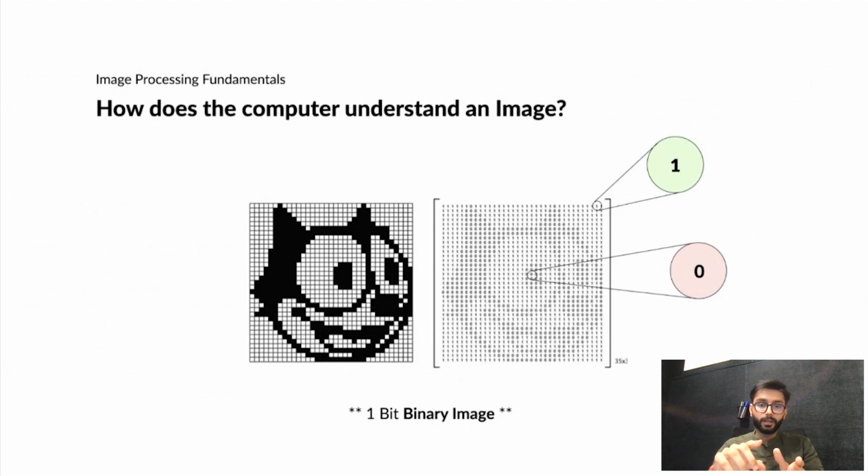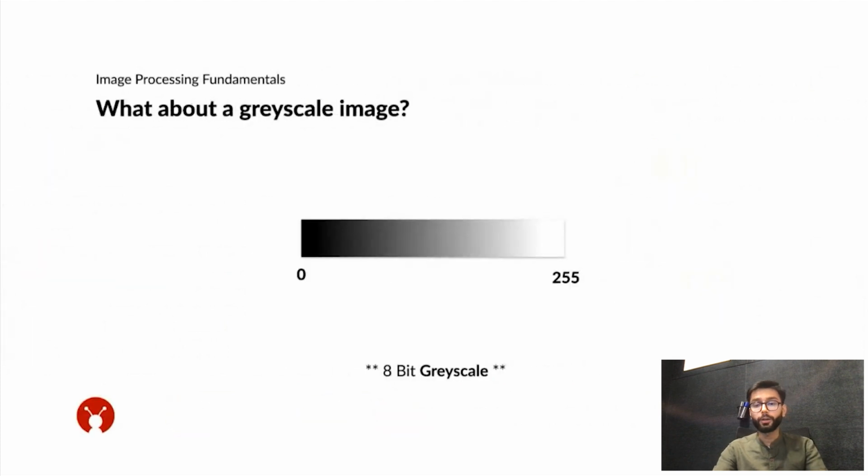In this particular image, you can see there is a matrix associated with it, and all the white pixels are represented as 1, and all the black pixels as 0. So we can easily tell our computer that we have an image of two colors. But in the general scenario, we have a lot of shades of black and white, and we are still on a grayscale image.